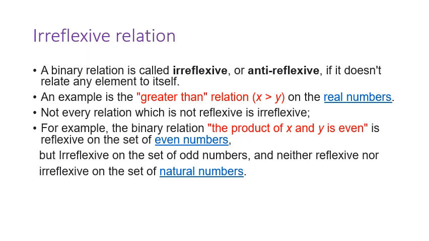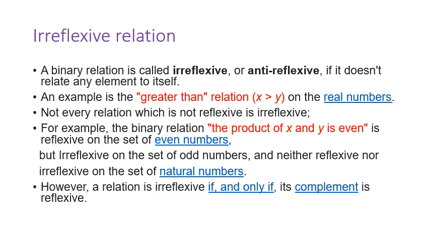So there is no reflexive or irreflexive. That means a relation is irreflexive if and only if its complement is reflexive. So if we are able to find irreflexive, then its complement will be reflexive.